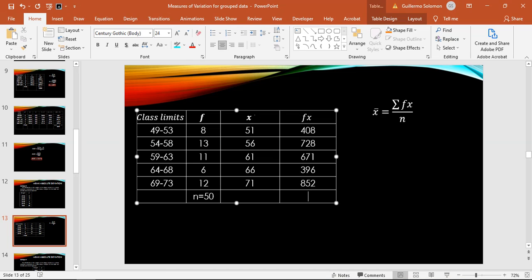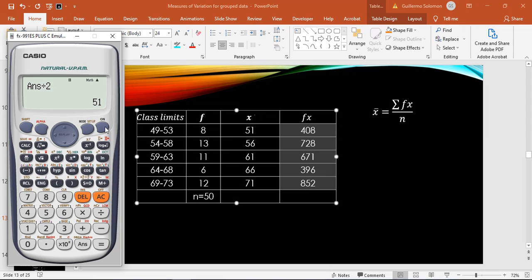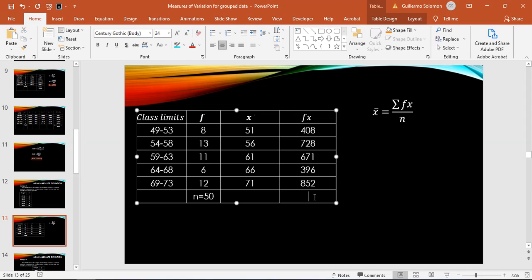And now get the summation for the last column, that is 408 plus 728 plus 671 plus 396 plus 852, that is 3,055 yung summation na nakuha natin.